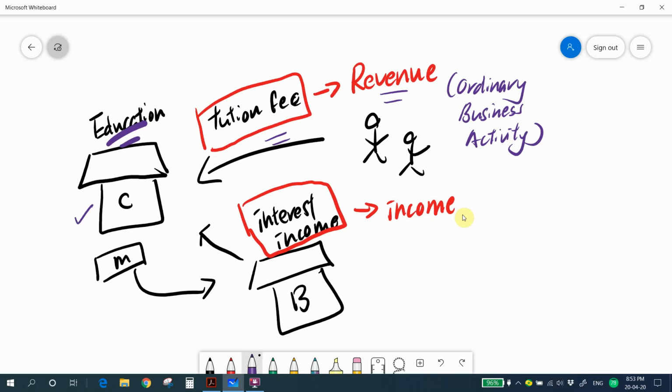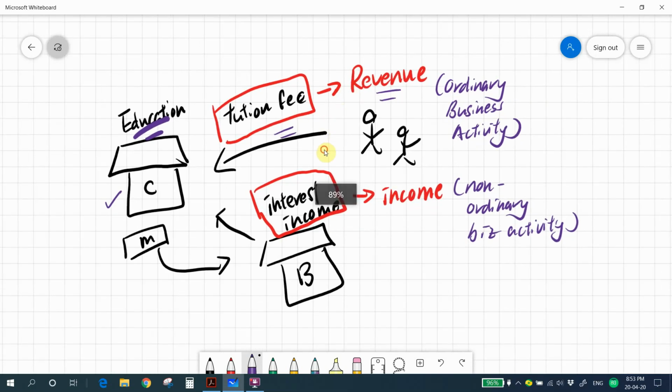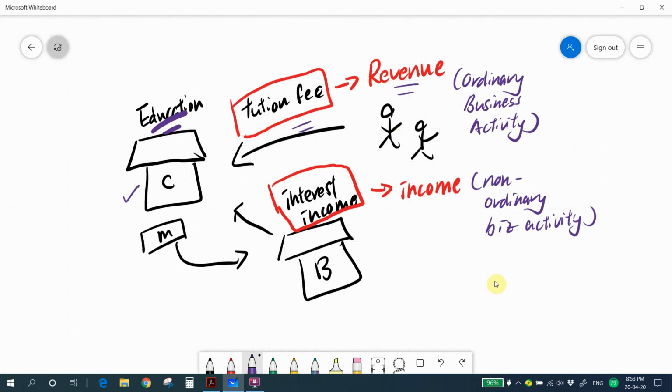So this interest income we consider as income because it's non-ordinary business activity. I hope that this diagram is a very good example to show you how we distinguish revenue and how we distinguish income when we prepare the accounting.